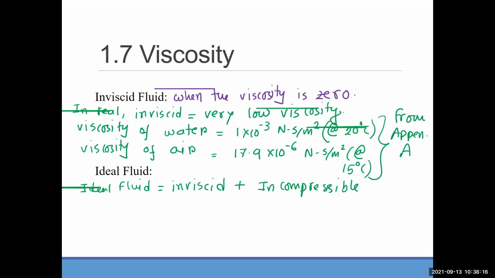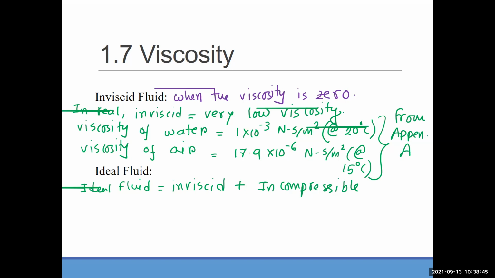What type of fluid can we call incompressible? Say it loudly, incompressible means what? Which is unable to compress. Yes, from the name we can say that it's unable to compress. So if any fluid is incompressible and inviscid, that time we can call that fluid an ideal fluid.